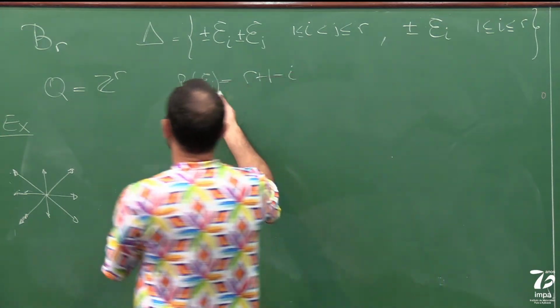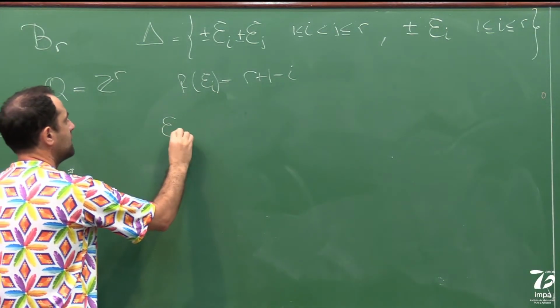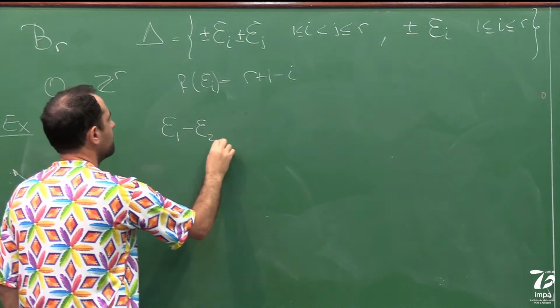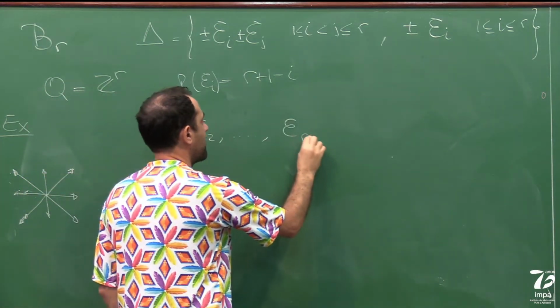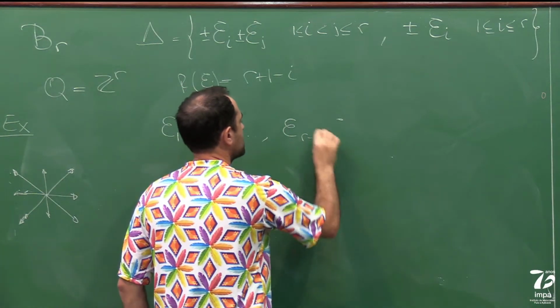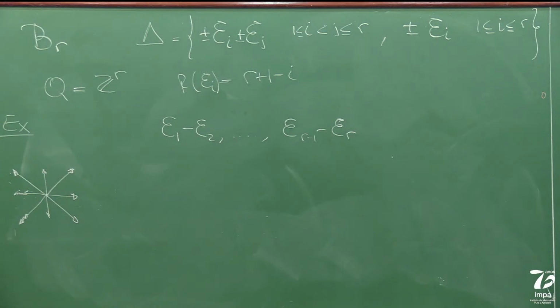And then immediately we have some roots that take that minimum value, which are of the form epsilon 1 minus epsilon 2, up to epsilon r minus 1 minus epsilon r, the same as for AR. So for those, f is 1. But the problem is that now they don't span the whole vector space, because there are r minus 1 of these.